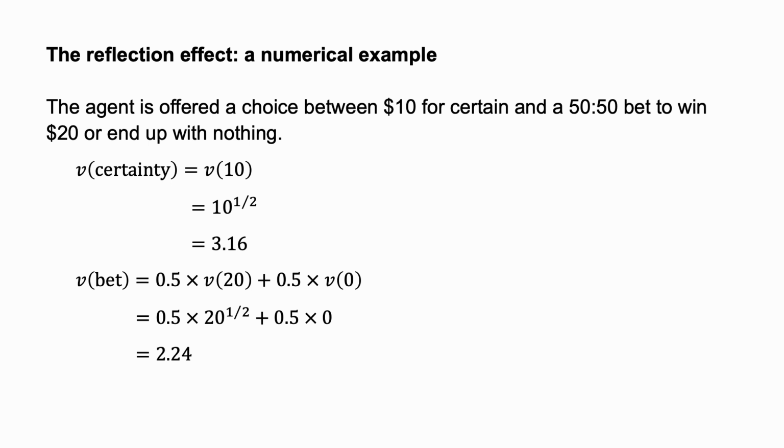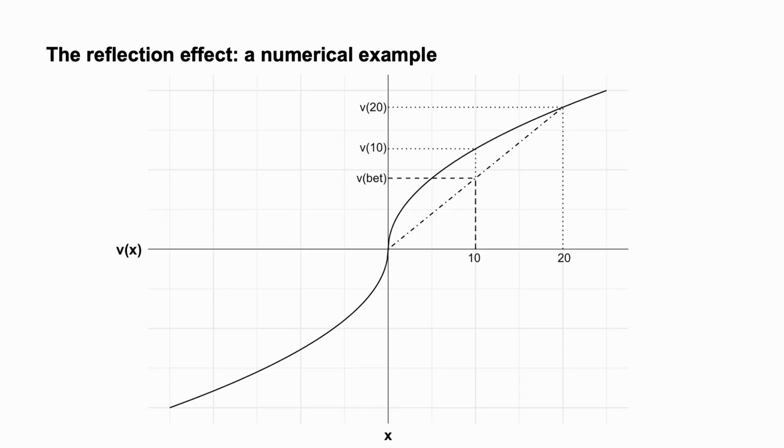This agent is risk averse in the gain domain and therefore prefers an amount for certain over a bet with the same expected value. The following chart illustrates. Plotted are the value of the certain payment of $10 and the outcome from winning the gamble, $20. A loss results in value of $0.